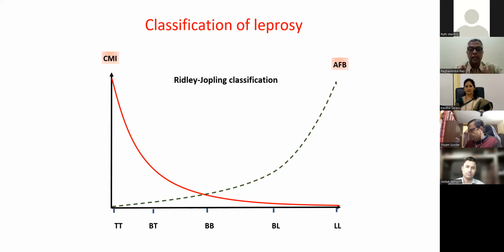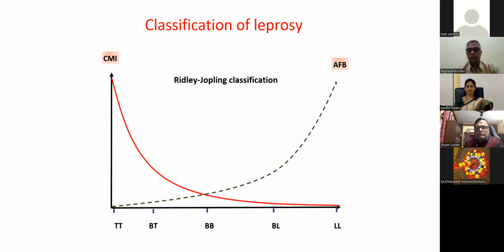So there are 2 polar forms of leprosy according to this. One is called tuberculoid or TT leprosy. And the other polar spectrum is called lepromatous leprosy. In between these two poles, we have borderline leprosy, which is otherwise known as dimorphous leprosy or unstable leprosy, because the cell-mediated immunity in these patients is very unstable, and these patients can shift in either direction, either towards the tuberculoid pole or towards the lepromatous pole.